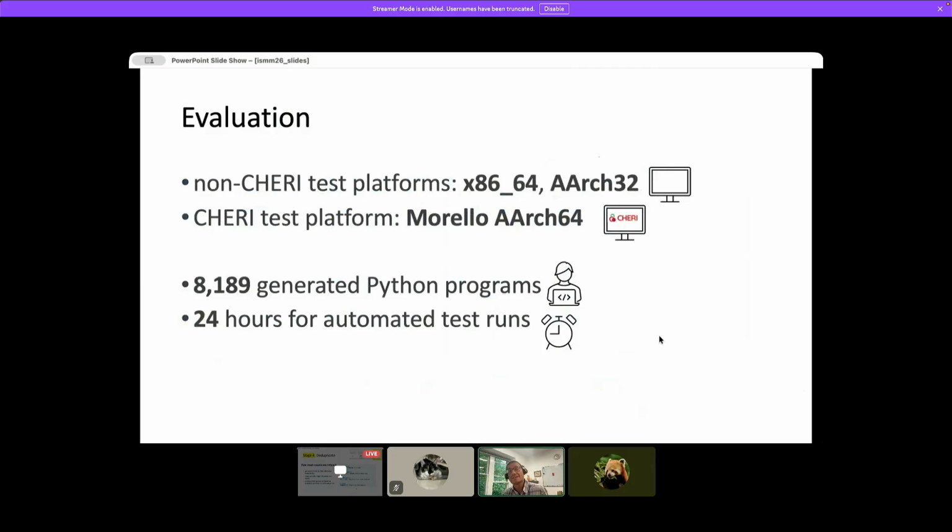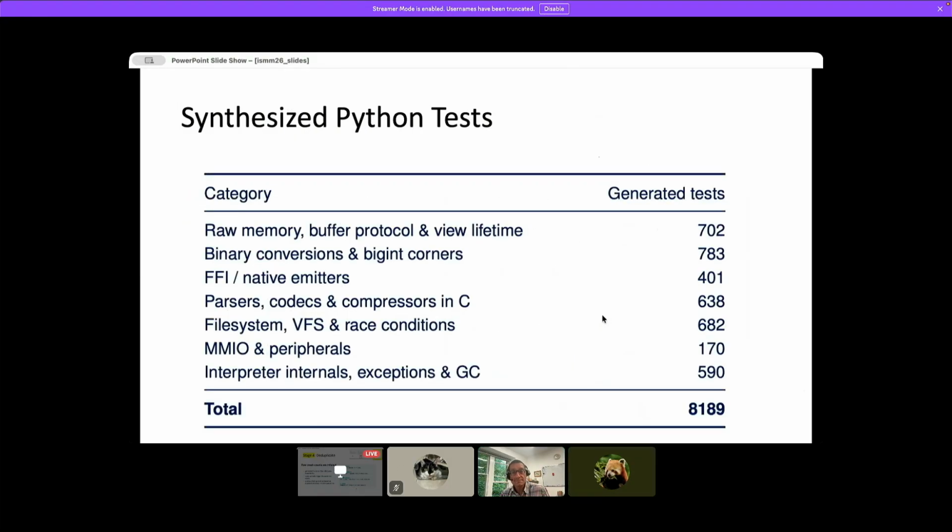Very quickly, our evaluation. There's the non-CHERI platforms we ran on, and the CHERI platform was a Morello, which is actually a server class, 64-bit ARM processor, but we're running our embedded microcontroller C code on this platform for now. In a 24-hour period, we generated about 8,000 Python programs that were potentially buggy and ran them through these dual lanes.